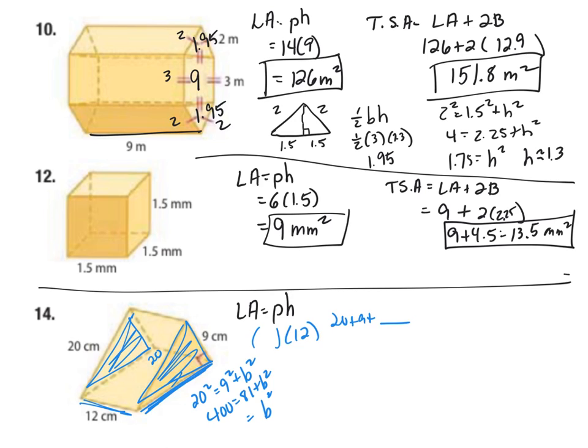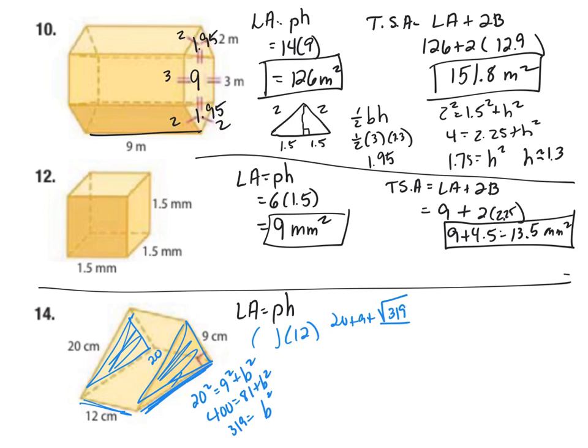So 400 minus 81. Whoops, I didn't push all the buttons. It's 319. So b is the square root of 319. So let's see what the square root of 319 is, about 17.9. I'm going to add to that 29.